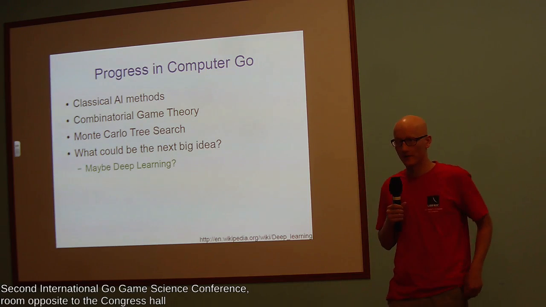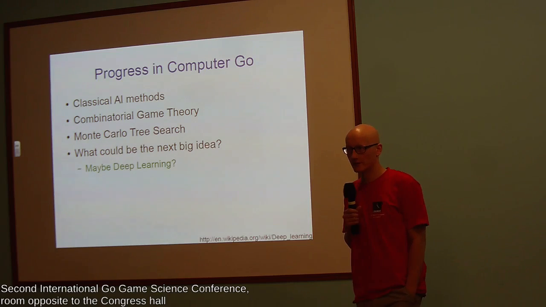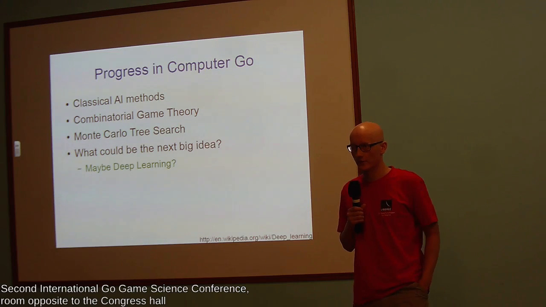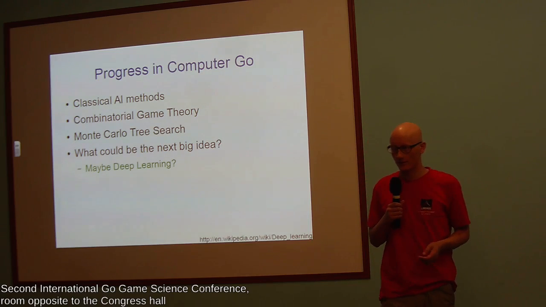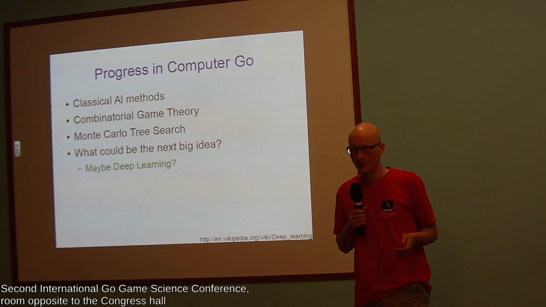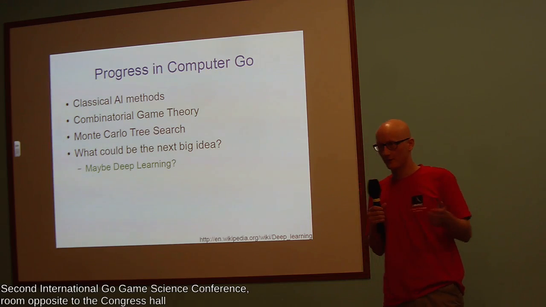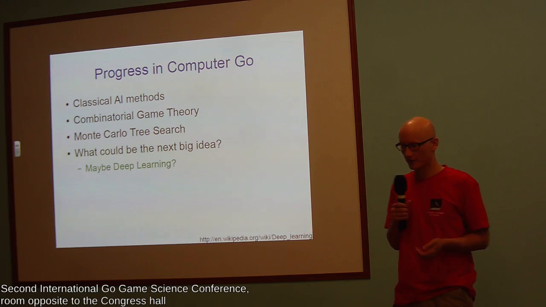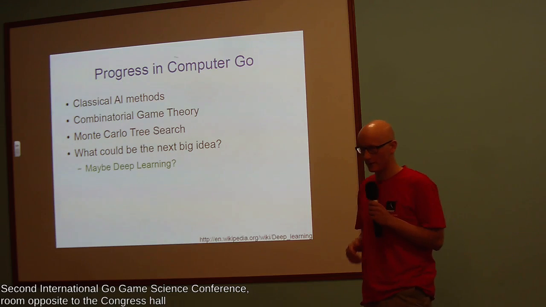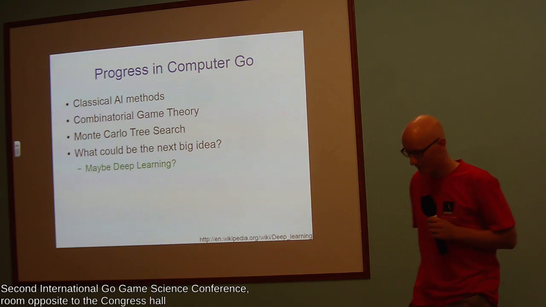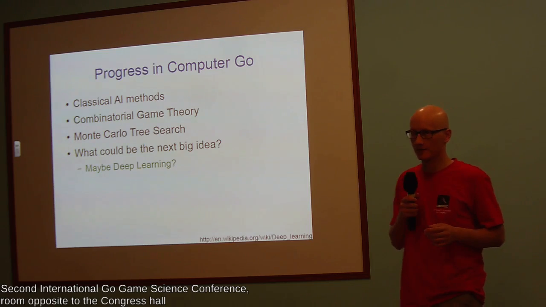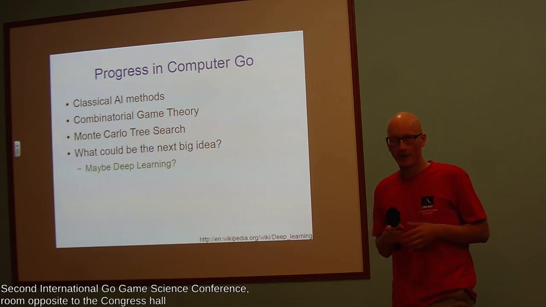But efforts to extend this methodology to earlier stages of the game have not been so successful. So the progress in Computer Go in the last two years has not been very big, and currently the strongest programs are the Monte Carlo bots.